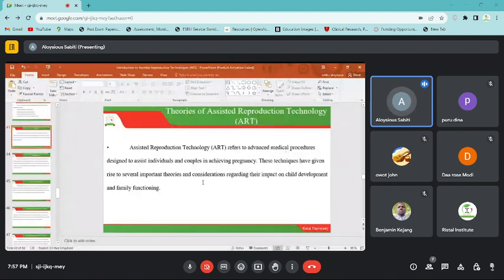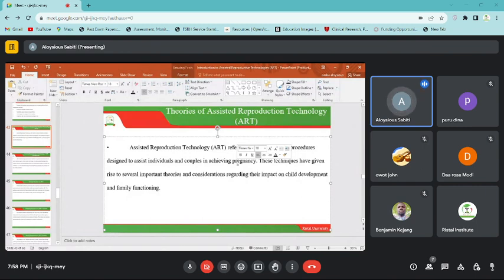Let us look at some of what we call impact. Here they might be theories, but we want to look at the assisted reproductive technology, and we want to look at some of the theories.